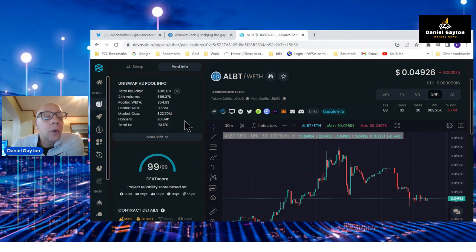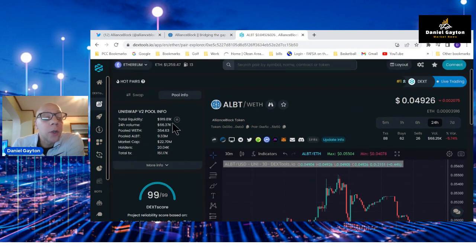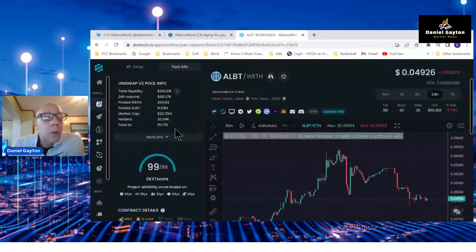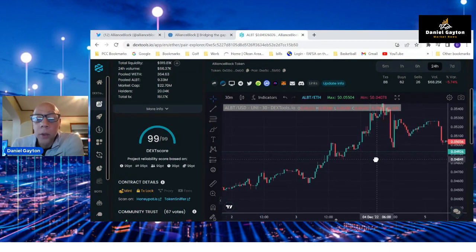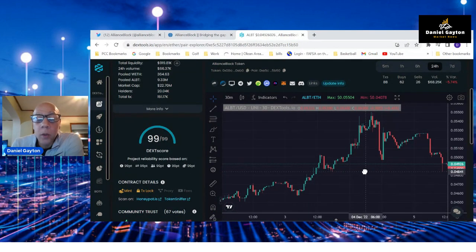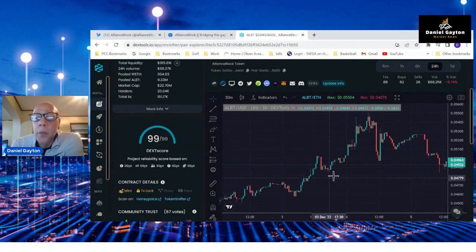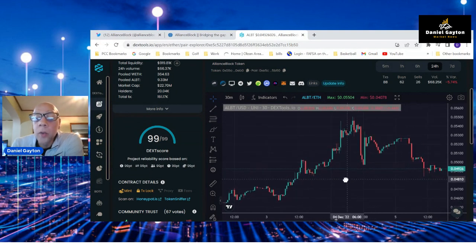So, for an ISO project right now in this environment, this is a pretty low market cap, pretty low holder count. So I know we laugh when we say we're still early, but we are still early on Alliance Block here. It has been on a little bit of an uphill.